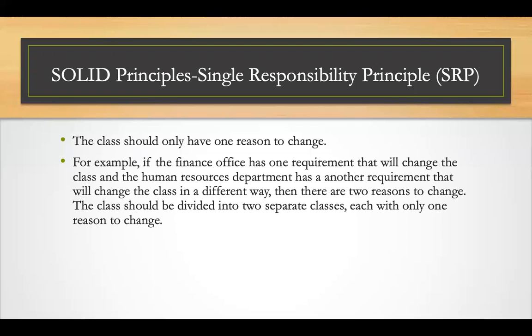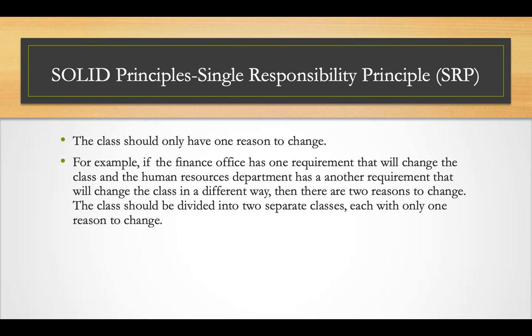So let's talk about the SOLID principles first. The first principle that I would like to talk about is the single responsibility principle. What the single responsibility principle says is that a class should only have one reason to change. Let's take an example.